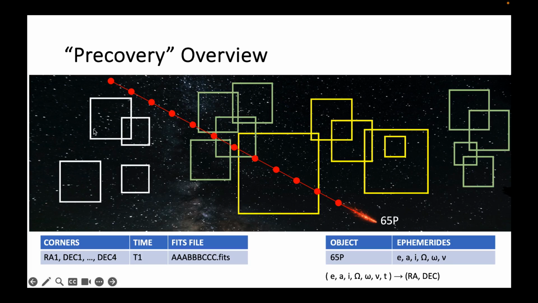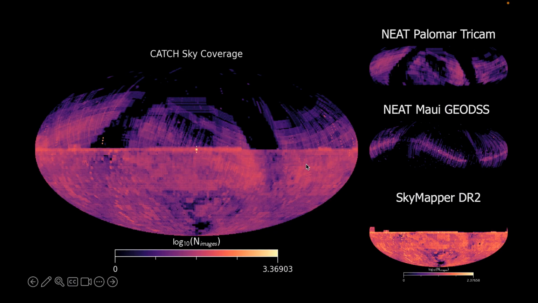So you could imagine iterating over each and every such geometry within all the surveys that you might have and comparing these coordinates. But of course, that is very inefficient because we have a lot of images of the sky. So this is the sky coverage of Catch from its first 3 surveys that were included in its database. And you can see that these covered most of the sky.